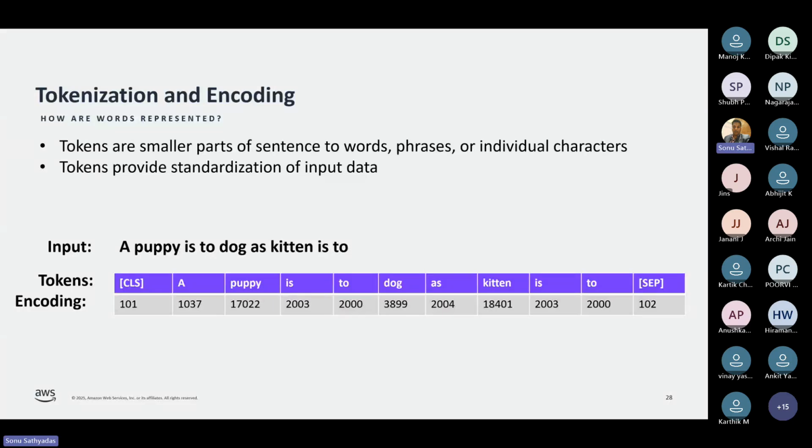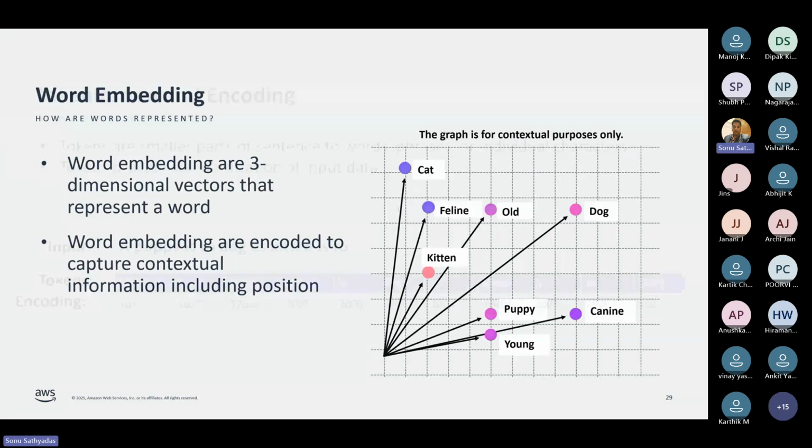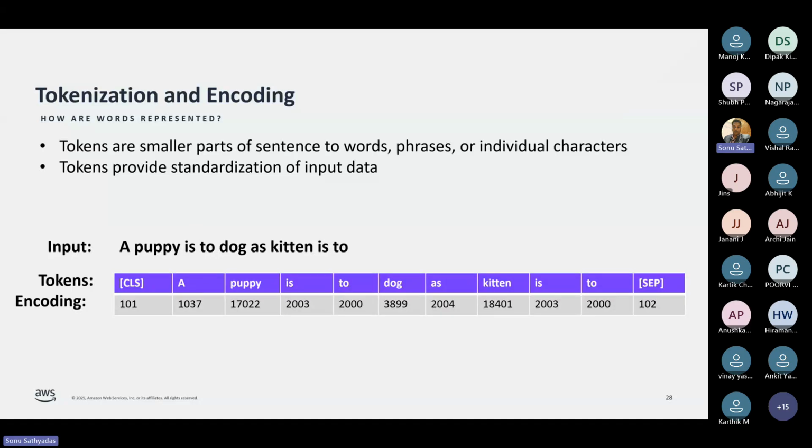Internally, every word or token is represented in numeric format. It's called token encoding or embedding. Inside the transformer architecture, the encoding helps to organize or arrange the words in a particular order or format.